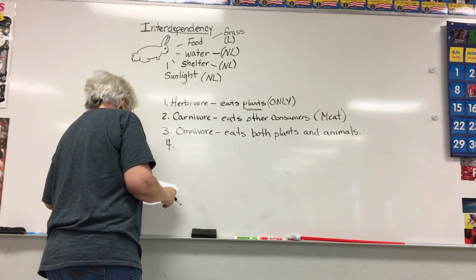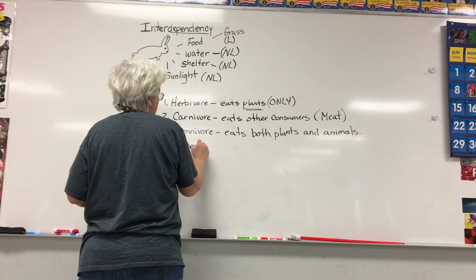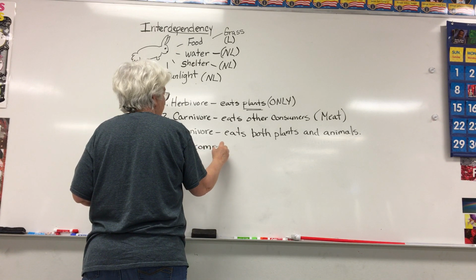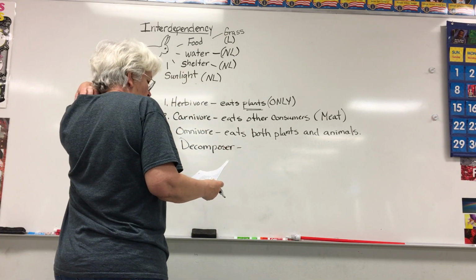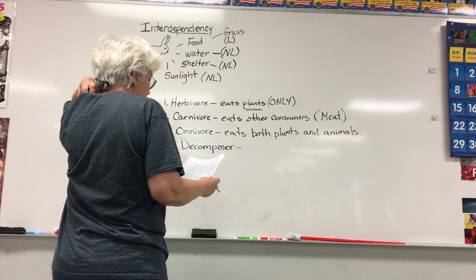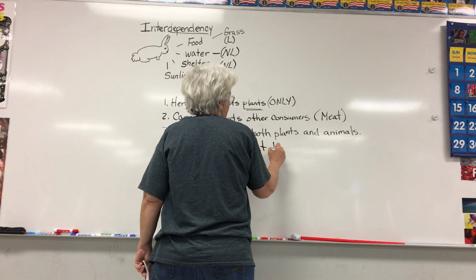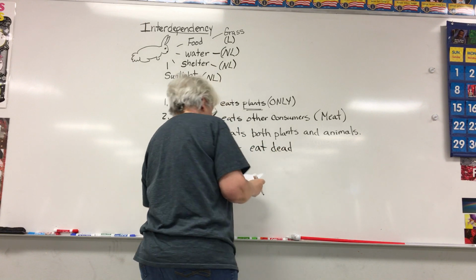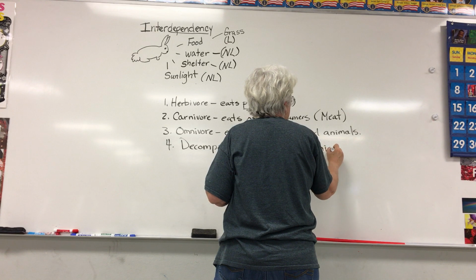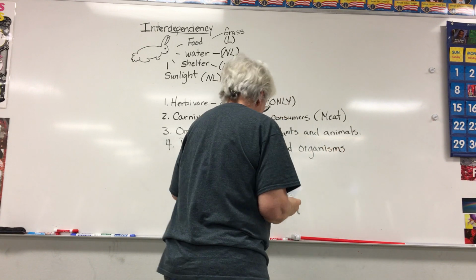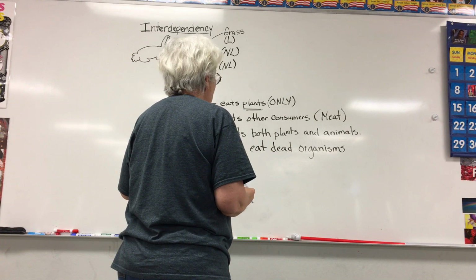Okay, number 4, and the final one that we're going to learn about is a decomposer. Okay? Decomposers eat dead organisms. They eat the dead stuff and other waste. Decomposers like fungus.